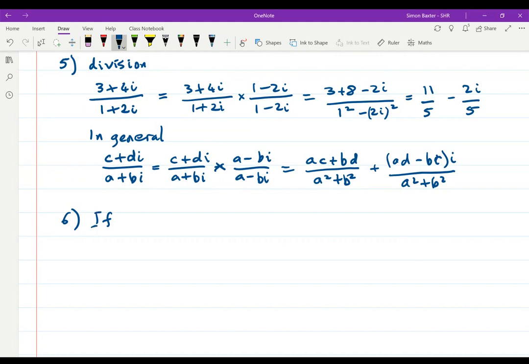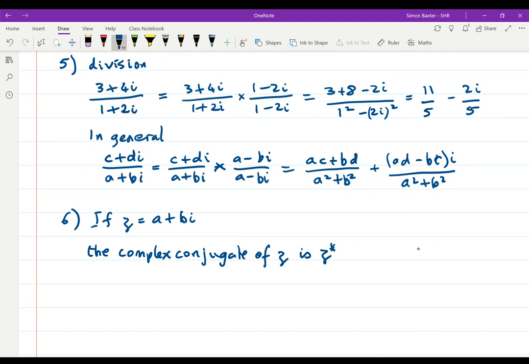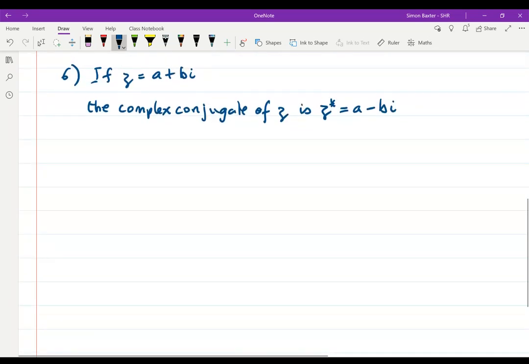So if z is equal to a plus bi, the complex conjugate of z is z star equals a minus bi. Not very earth-shattering, but it has its uses. So there is your conjugate.